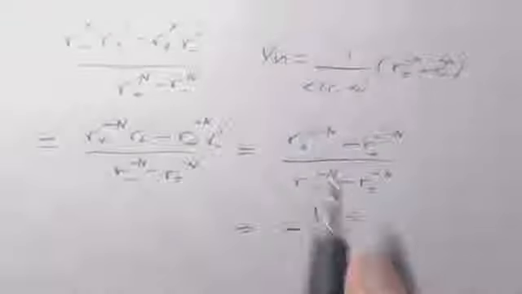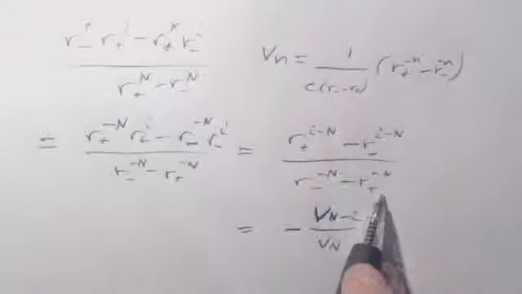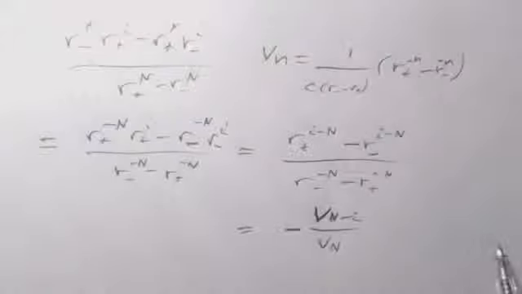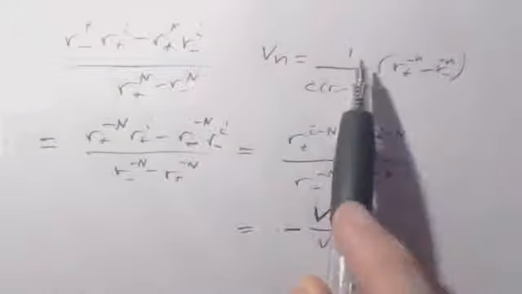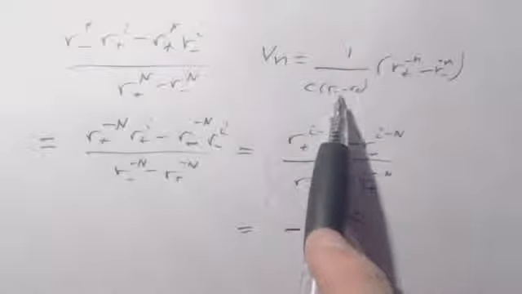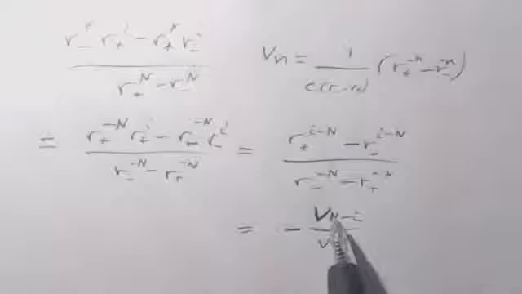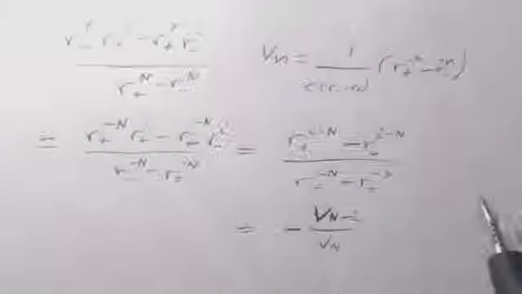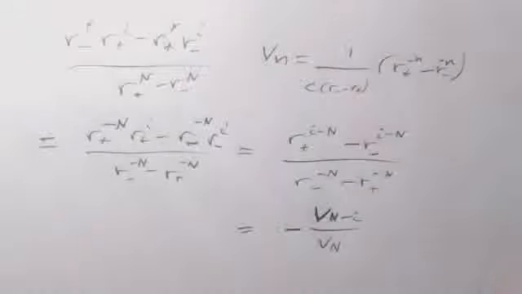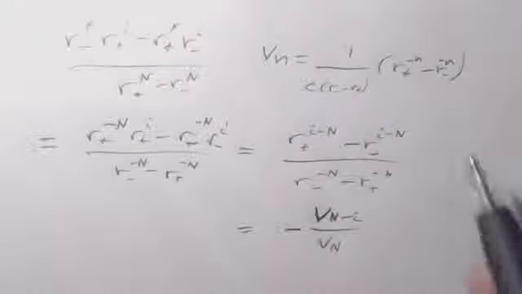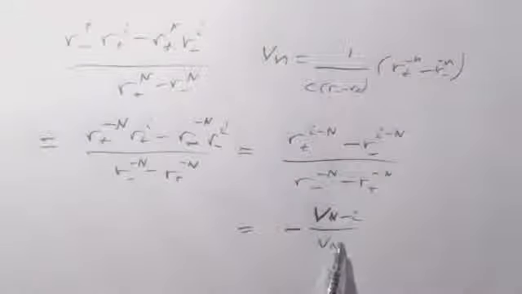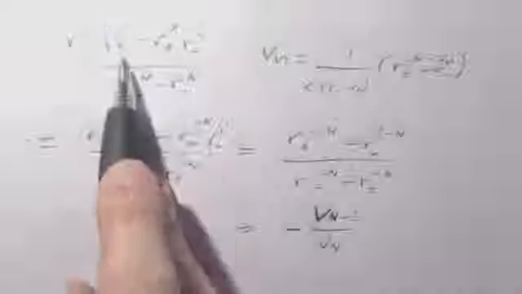And there's going to be a negative here since we've got a plus and a minus there and a minus and a plus here. And the reason it's just Vn minus I over Vn is because the 1 over r minus minus r plus bit is going to occur in both Vn minus I and Vn, so they cancel out. So that's a much more nice looking compact version of this.